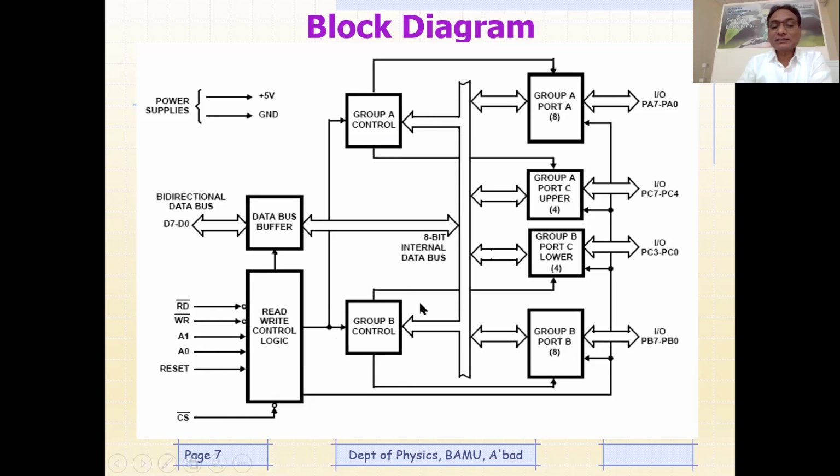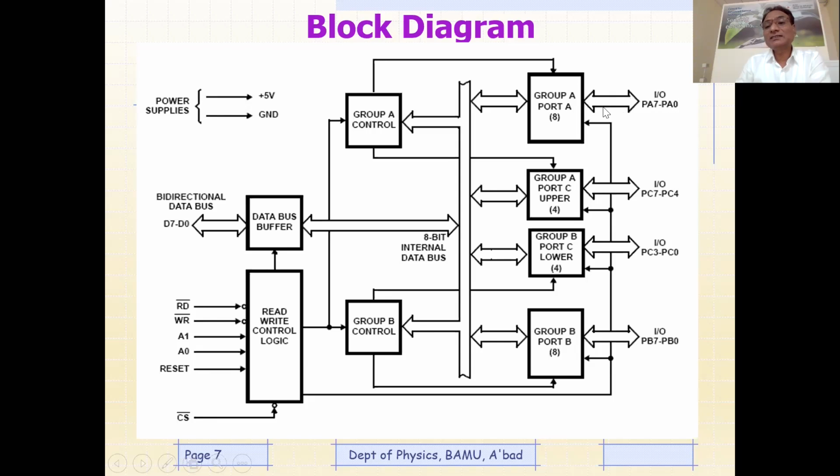Similarly, there is group B, consisting of port B and the lower part of port C. This takes care of transfer of data between the microprocessor and the peripheral, and peripheral to microprocessor. Group B will be controlling these two ports.